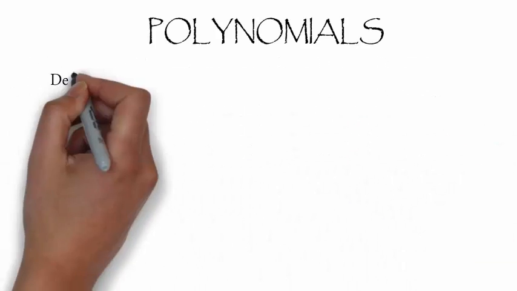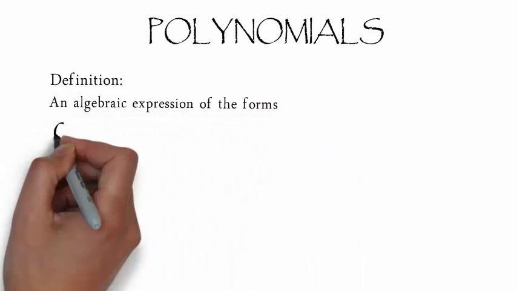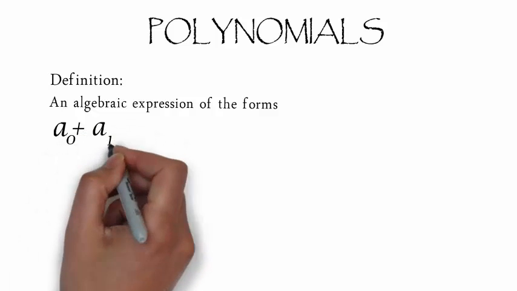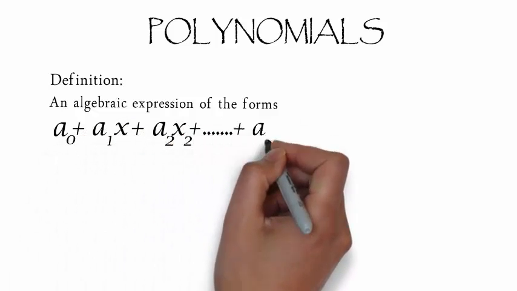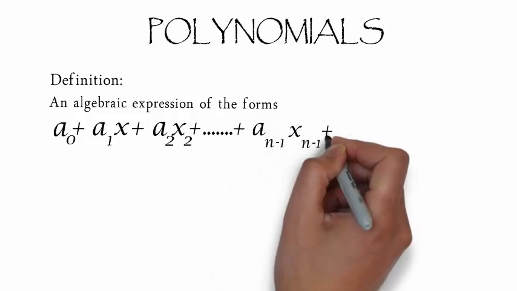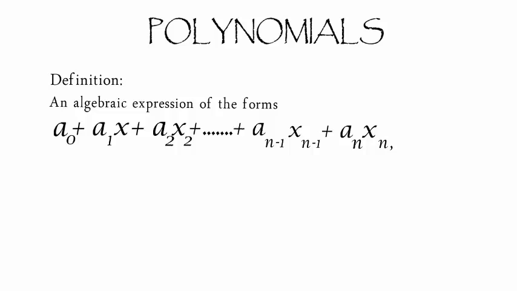Polynomials. Definition: an algebraic expression of the form a0 plus a1x plus a2x² till a(n-1)x^(n-1) plus an, where a0, a1, a2 till an are real numbers. n is a non-negative integer, that is, a whole number.